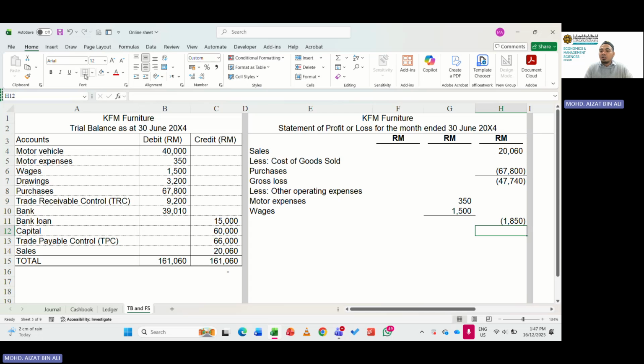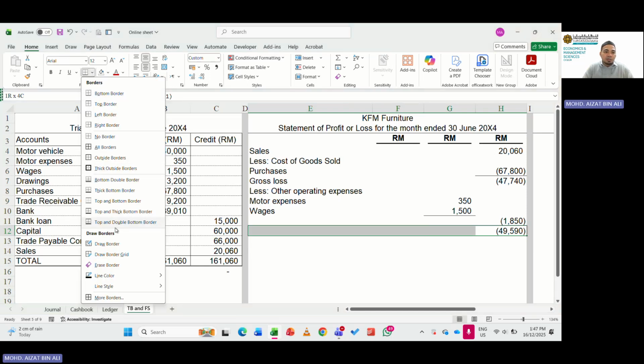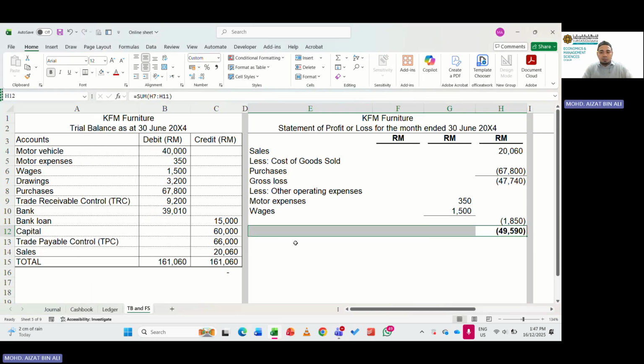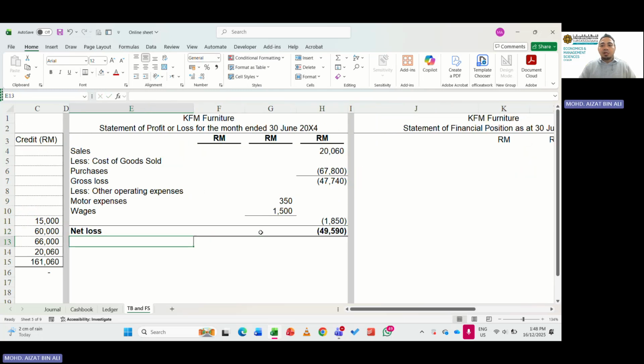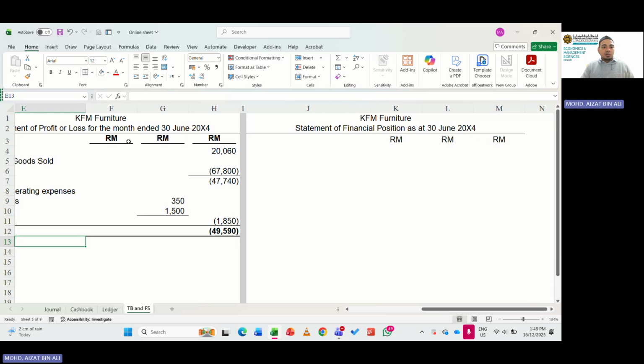Okay, so this is the expenses. Okay, so this is the net loss. Net loss.